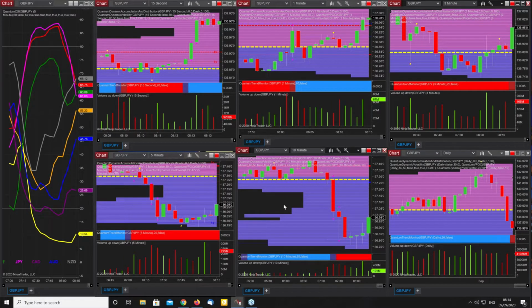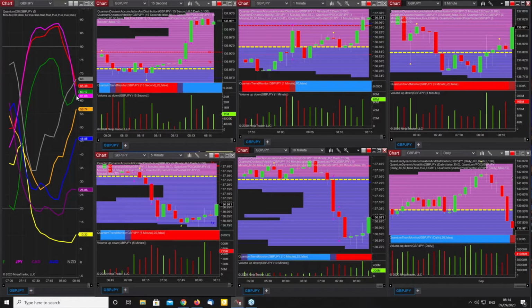What's actually happening at the moment is whilst there is this reaction, this reversal, it is largely being driven by the yen sentiment, and the pound is just starting to pick up.